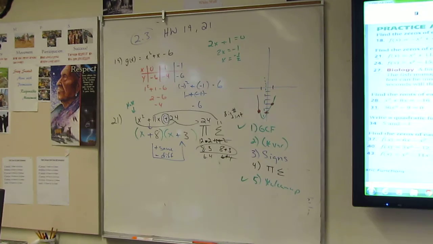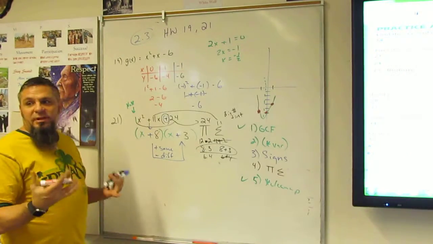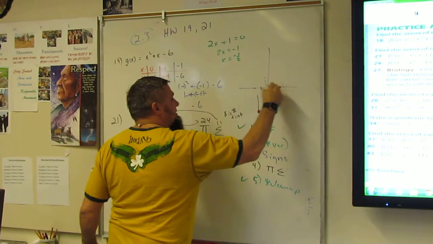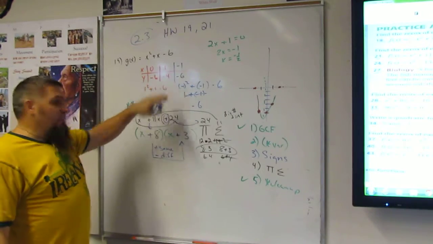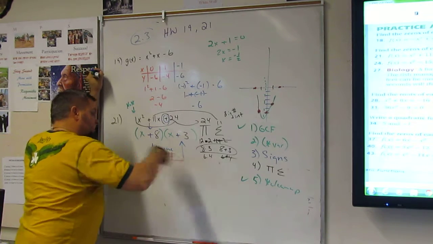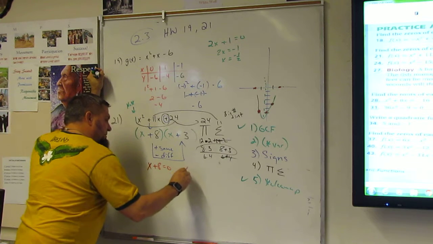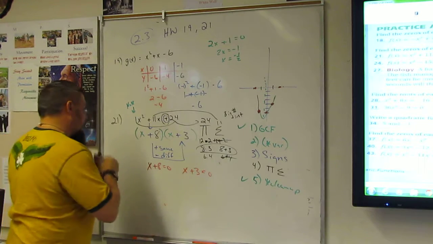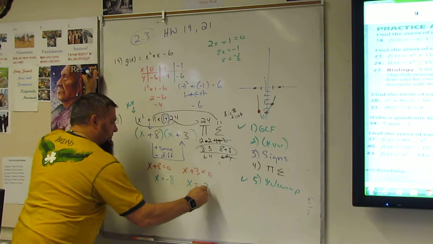Now the reason why we factor it is so that we can set it equal to 0. We're finding the zeros. That's the whole point here. Finding where it crosses the x-axis. So if we do this, it'll cross at x plus 8 equals 0 and x plus 3 equals 0. And then we solve, and we get x equals negative 8 and x equals negative 3.